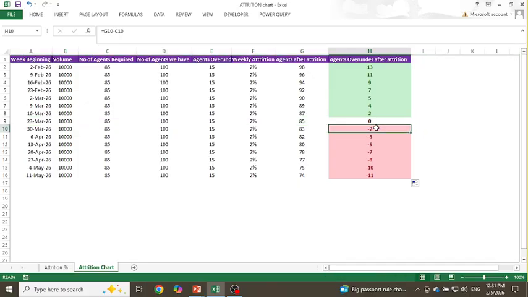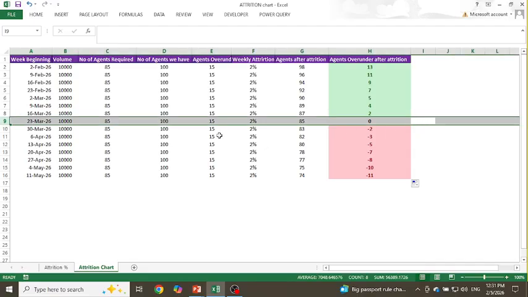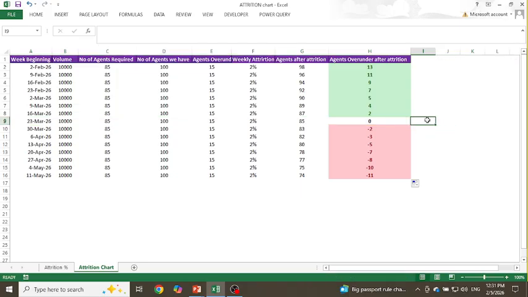On the next week, we will be short staffed by 2, then by 3, then 5, then 7. So in this week, on 23rd March, we need to include a batch. We need to hire more people, suppose 10 people, so that we will have extra buffer agents.